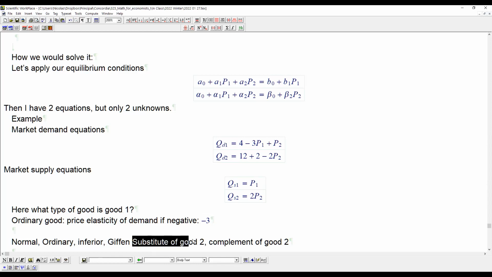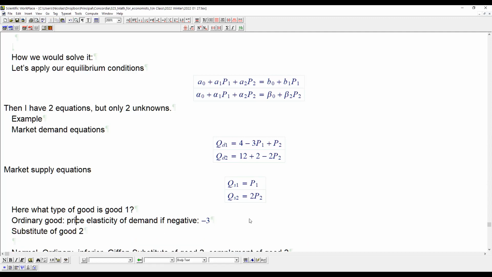Now, is it a substitute of good 2 or a complement of good 2? Substitute, yes, good. So cross price is positive.